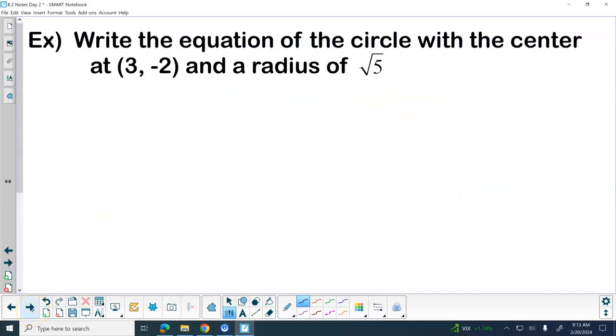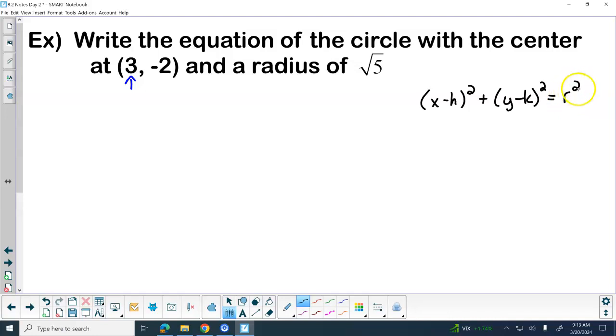Okay. So write the equation of the circle with a center at 3, negative 2, and a radius of the square root of 5. Okay? So what is 3 in terms of my x minus h quantity squared plus y minus k quantity squared equals r squared?